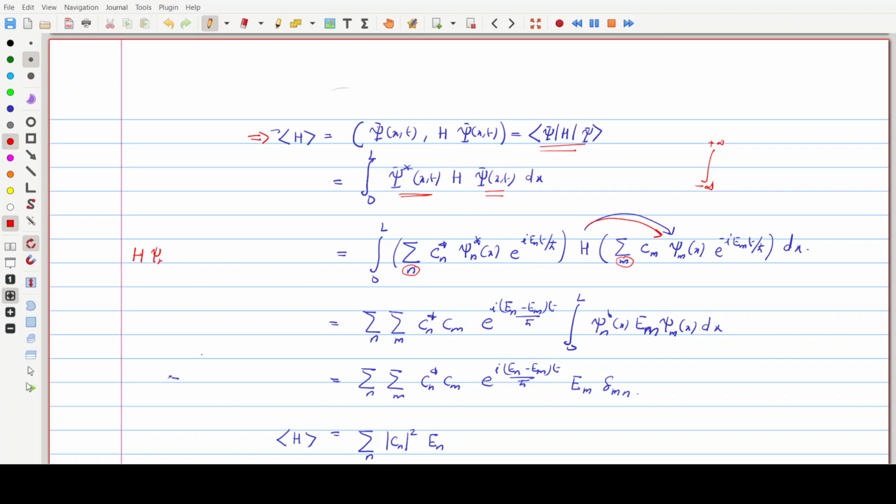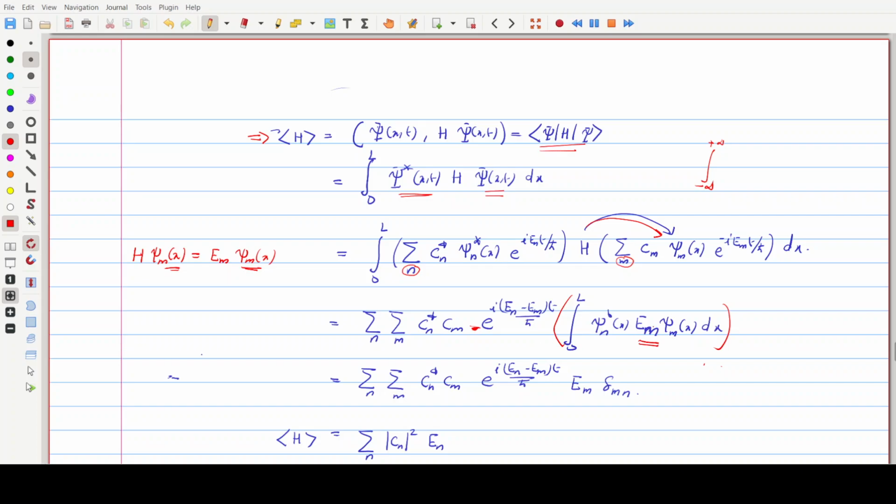So H acting on psi m of x gives the energy em times psi m of x, because psi m of x is an energy eigenfunction. So this integration will reduce to this. All other terms I have taken outside.